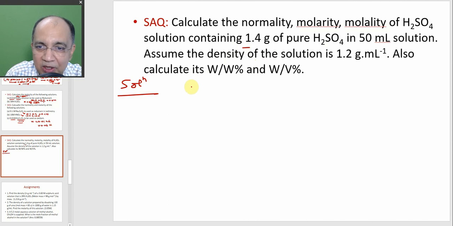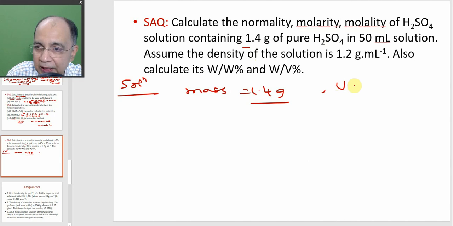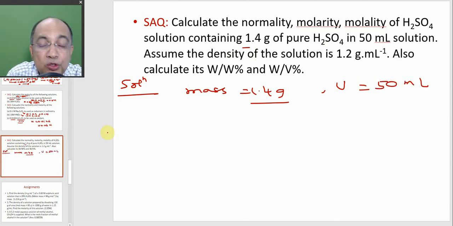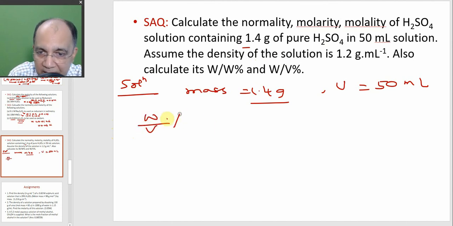The mass of the solute is 1.4 gram and the volume of the solution is 50 ml. So we can very easily find out those which do not relate with mass volume. So let us find out first W by V percent. It is the mass of the solute divided by the volume of the solution into 100.